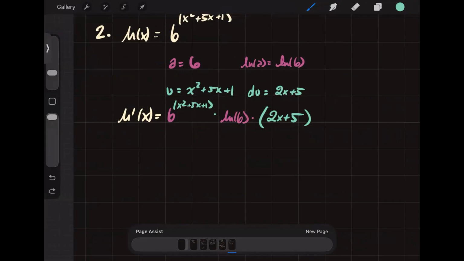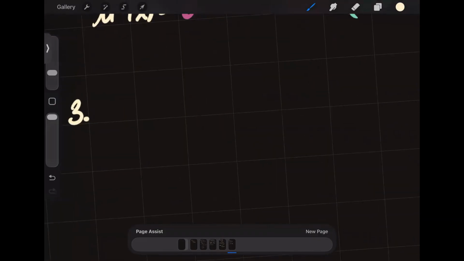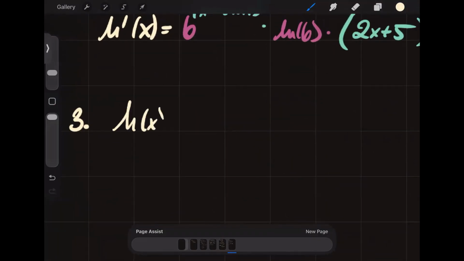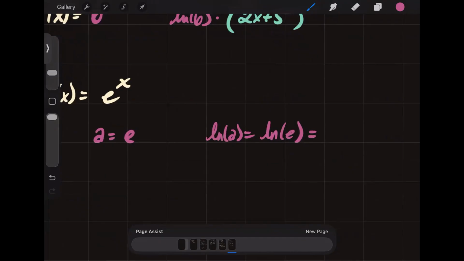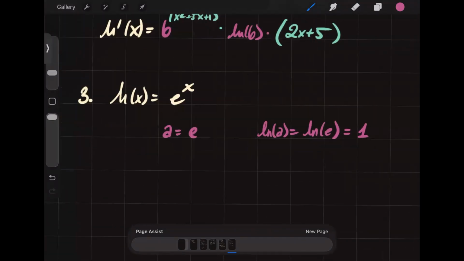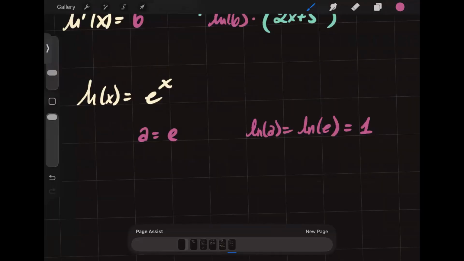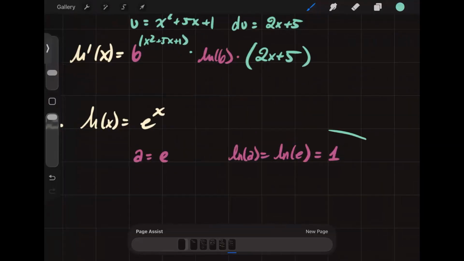All right. And now what if I give you something a little more interesting? What if I give you h of x is equal to e to the x? In the same way, a is going to equal e. ln of a is going to be ln e, which should be interesting to you because this should equal 1. If you don't know why this is true, please review your algebra. I will test you on this.